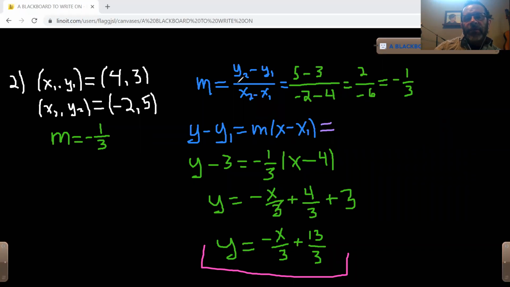Instead of putting m here, if you're given the 2 points directly, you can also say y2 minus y1 divided by x2 minus x1, multiplied by x minus x1. So you can use the blue one or the purple one, or use the first to find the slope and then use the blue one here. Any combination of expressions you want to use, you can use to find the mathematical expression of a line.